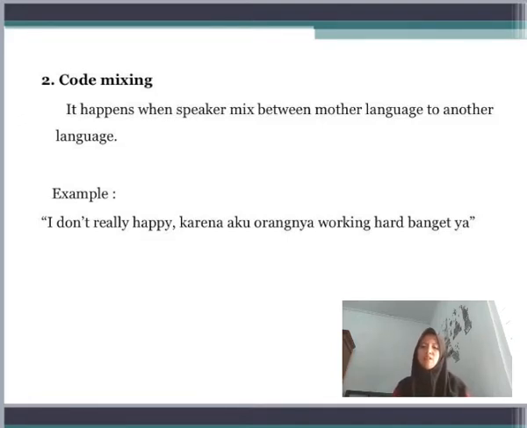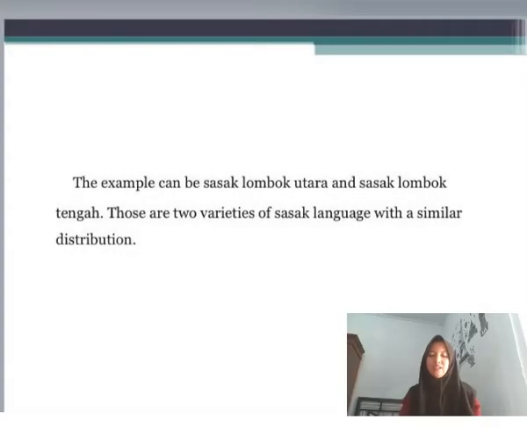Another example, aku suka sekali sama dia because he is so handsome, like that. The example can be Sasak Lombok Utara and Sasak Lombok Tengah. Those are two varieties of Sasak language with similar distributions.